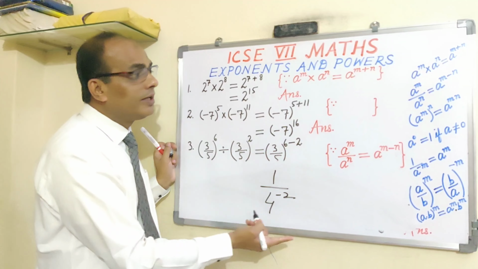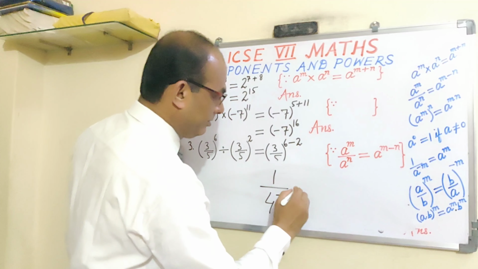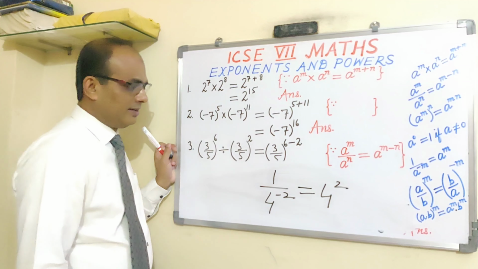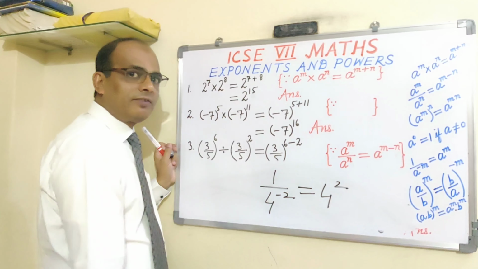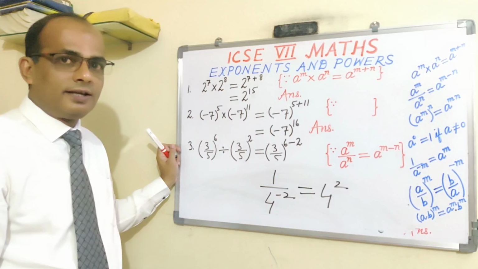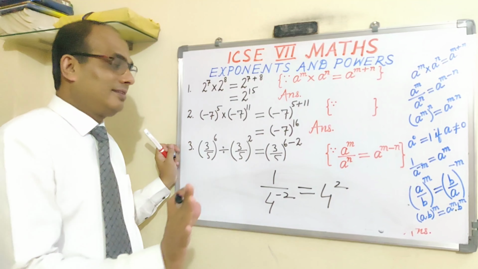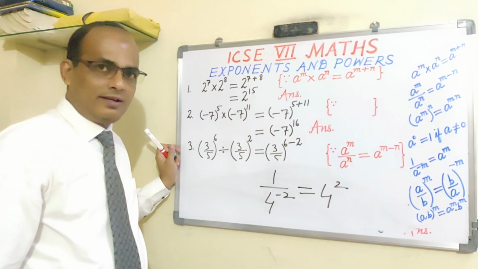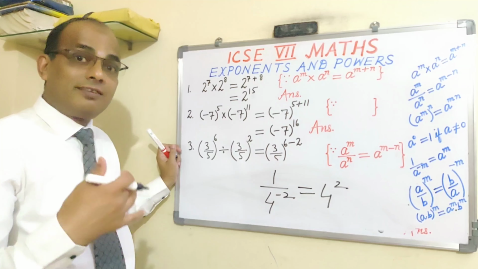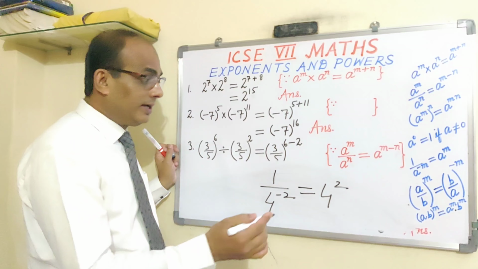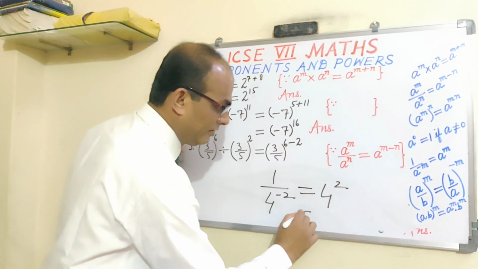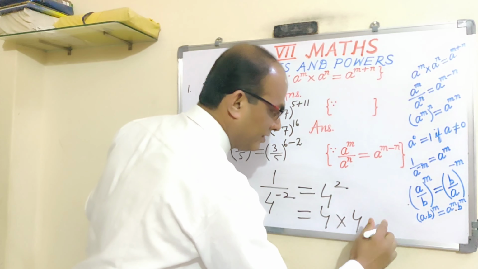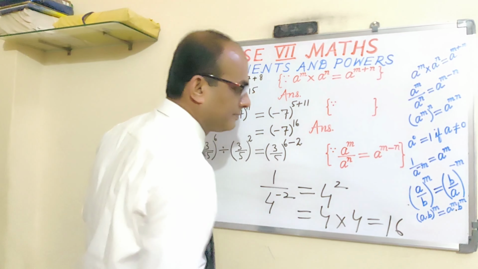So take it up, it will become plus. So 4 squared, minus 2 becomes plus 2. If the question says to write down in exponential form, then this is your answer. And if they say simplify, then 4 squared means 4 multiplied by 4, which gives you 16. So 16 is the answer.